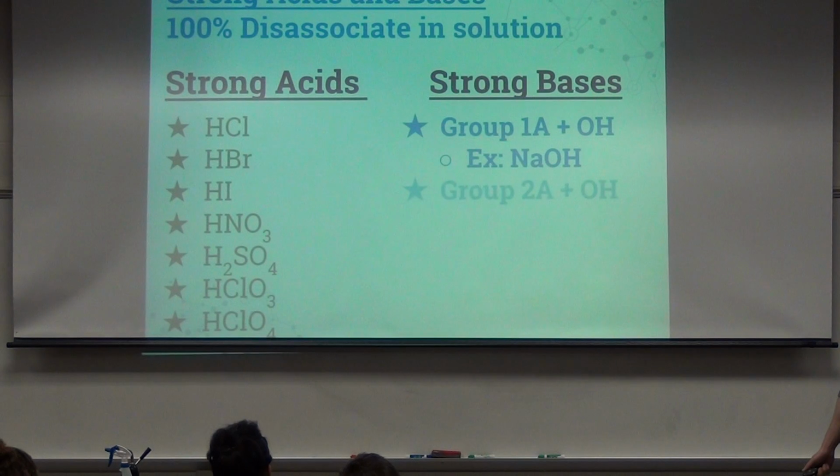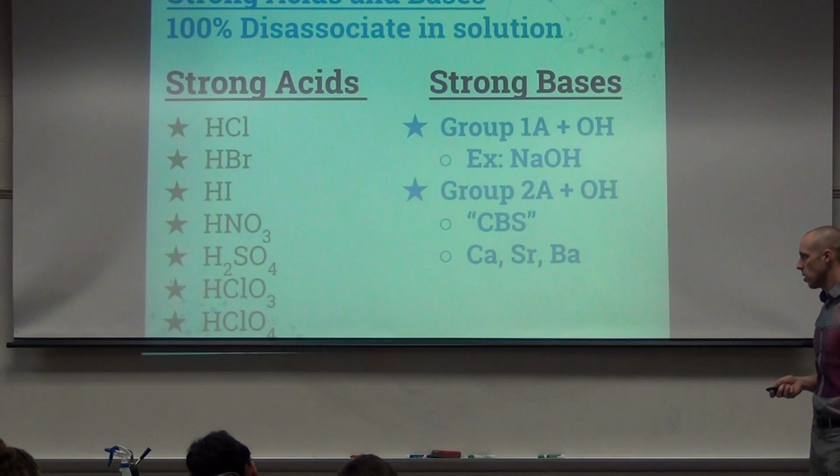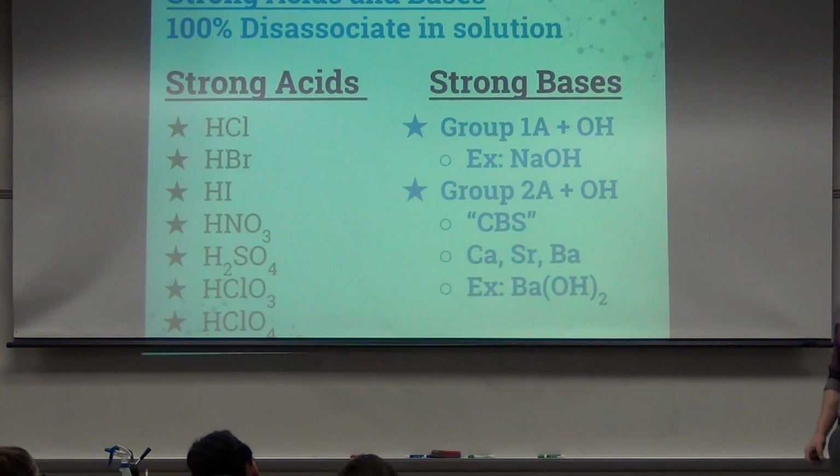Other strong bases are going to be group 2A plus OH. But it's not all group 2A, it's just calcium, strontium, and barium. How you can remember it is just by thinking CBS. So no magnesium, no beryllium, just calcium, strontium, barium. An example of this would be barium hydroxide.